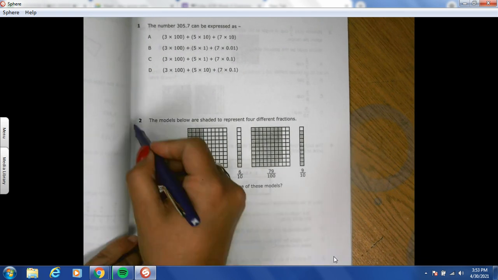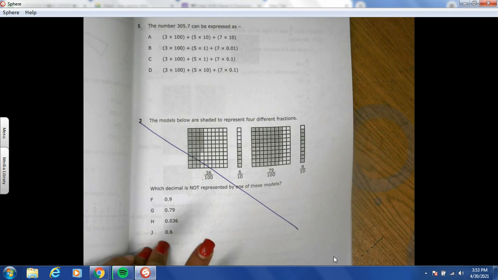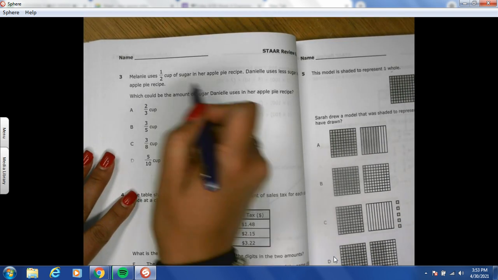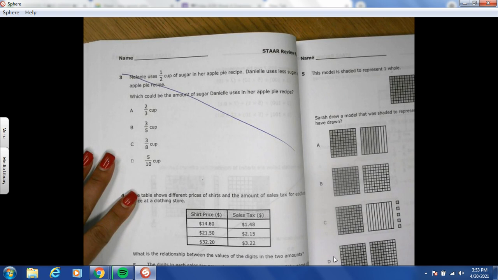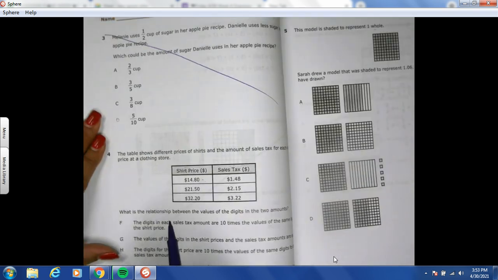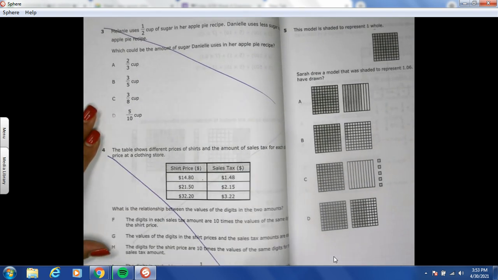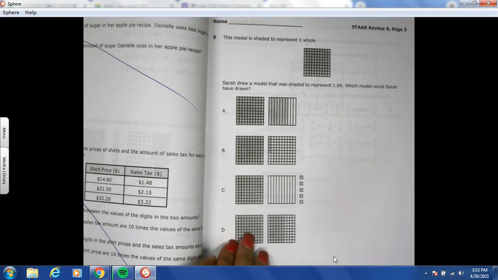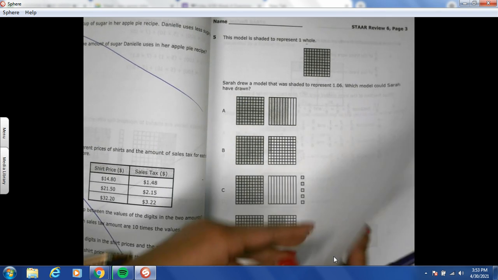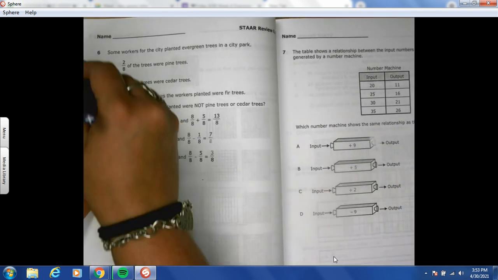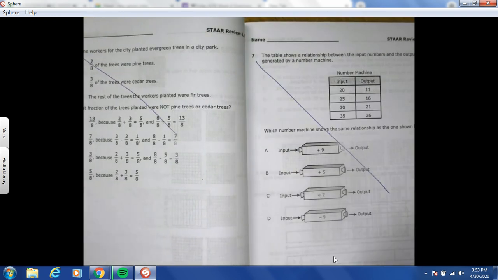We're going to take away number 2. We're going to take away number 3. We're going to take away also number 4. We're going to work on number 5. We're also going to take away 6 and 7, number 6 and number 7.